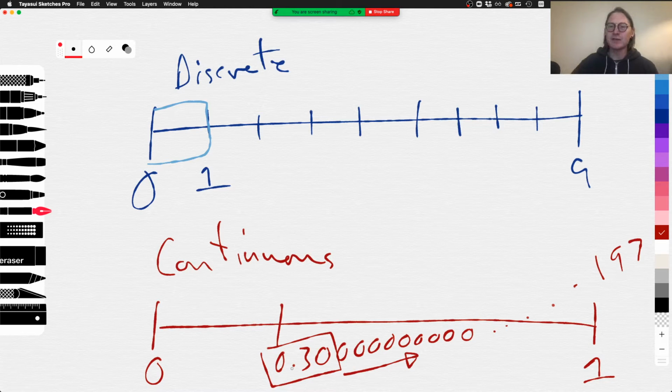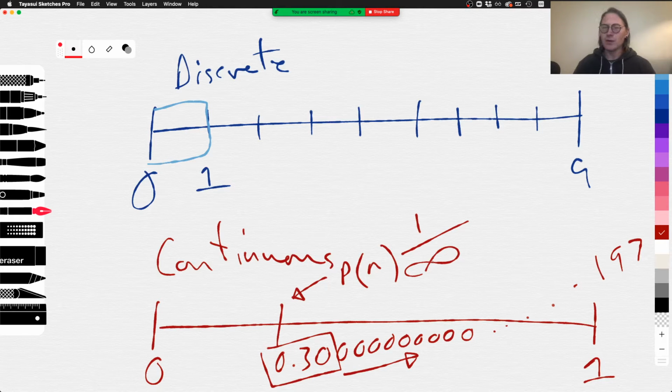And this leads back to the idea that if we pinpoint a value, some value between 0 and 1, maybe this hash mark on this line, and we want to consider the probability of that specific value, if we call it n, the probability of n, well, if we're considering infinite precision, is going to be 1 over infinity, which is going to be 0, right?